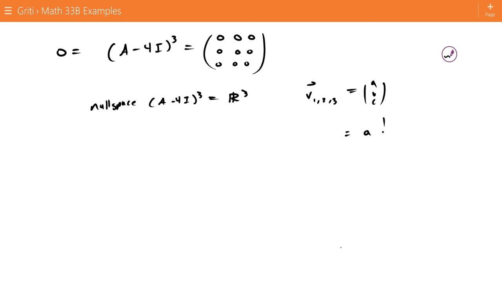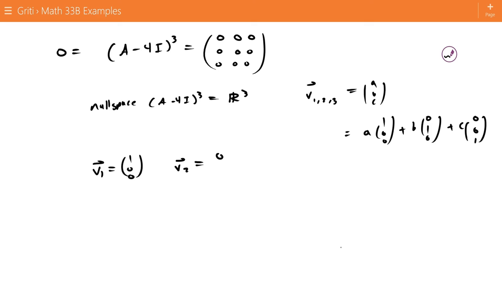It's going to be A times 1, 0, 0 plus B times 0, 1, 0 plus C times 0, 0, 1. So that means for our V1, we can just make these equal to the standard basis vectors. V1 is 1, 0, 0, V2 is 0, 1, 0, and V3 is 0, 0, 1.